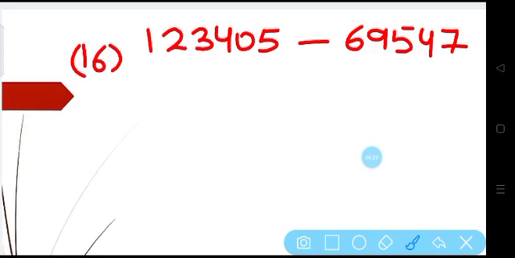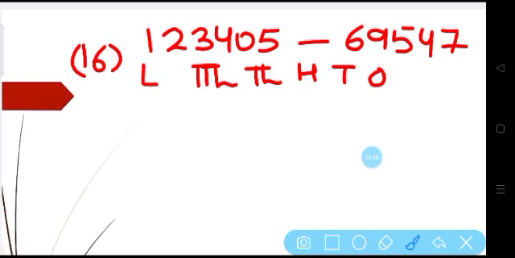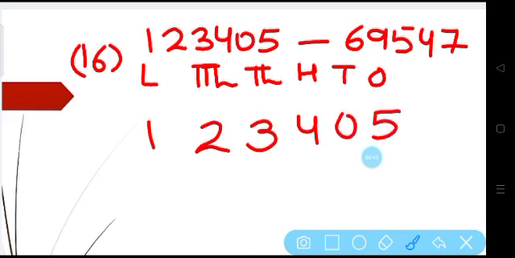Okay. Again students, we will be writing the place value chart. Ones, tens, 100, 1,000, 10,000, lakh. Okay. Arrange the number under the given place value chart. First we will be writing the minuend and under that you will be writing the subtrahend part.